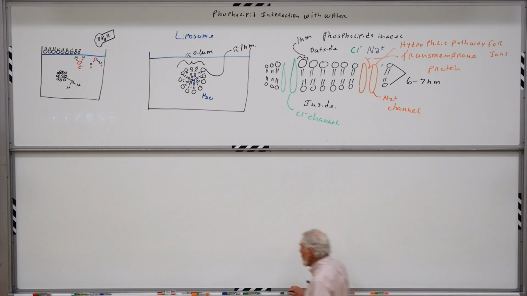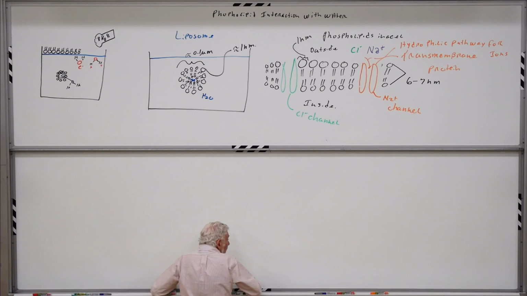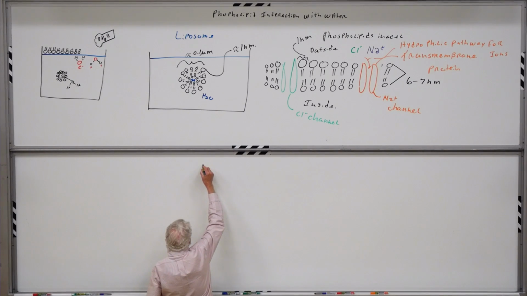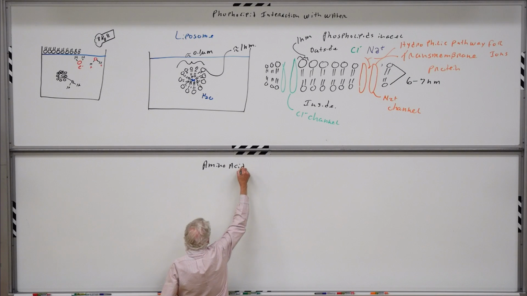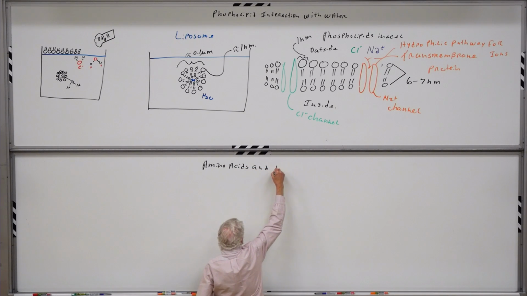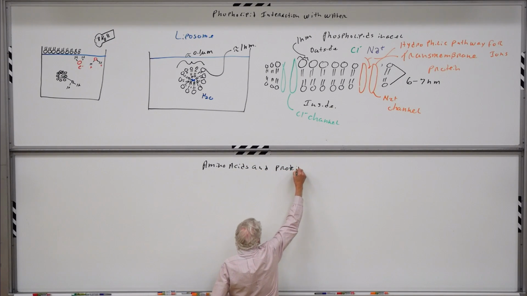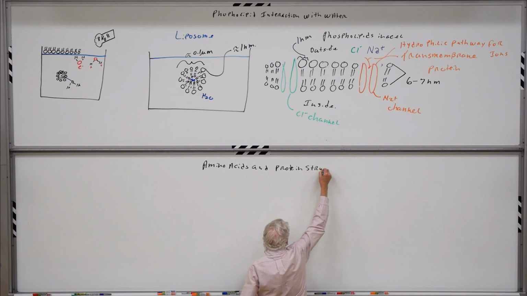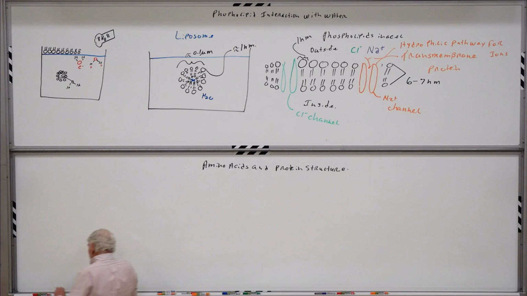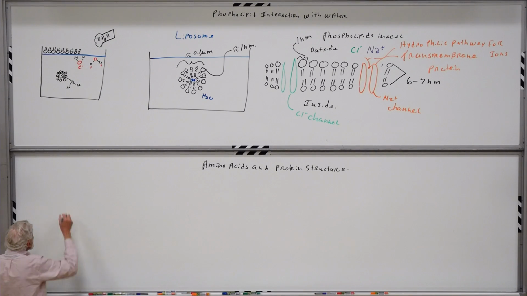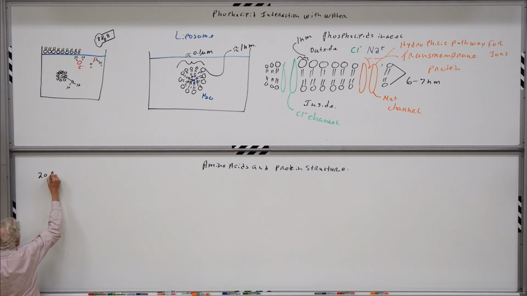So what we're going to do here is start talking about amino acids and protein structure. Biology here on Earth is based on 20 amino acids.